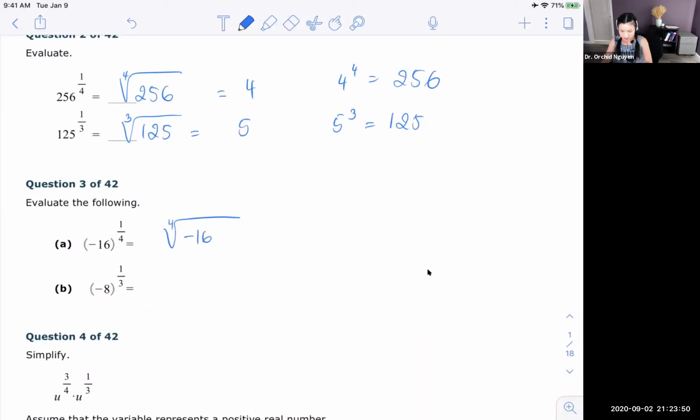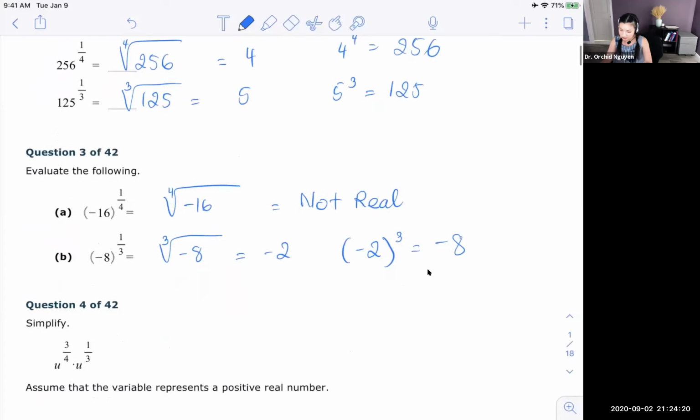So what does that mean? You want a number that when you take it to the power of 4, you get back -16, which is impossible because this is not a real number. There's no way you can take any even power of a number and get back a negative number. But this one right here is -2, because if you take -2 and cube it, you're going to get back -8.